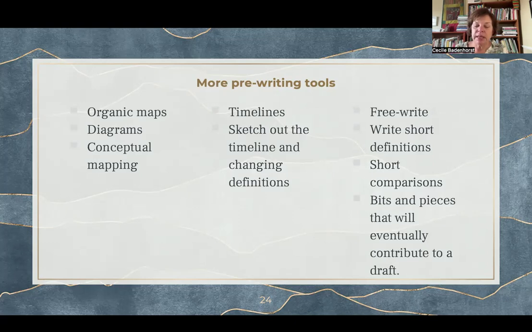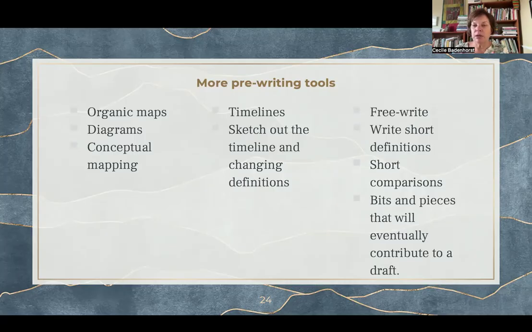And then once you've done that, do some free writing. So once you've done a bit of reading, free write a paragraph on, what does this author think about this concept? You could also write some short definitions, author so and so, one small paragraph on how that author sees this concept. Go on to the next paper, small paragraph on how that author sees this concept.